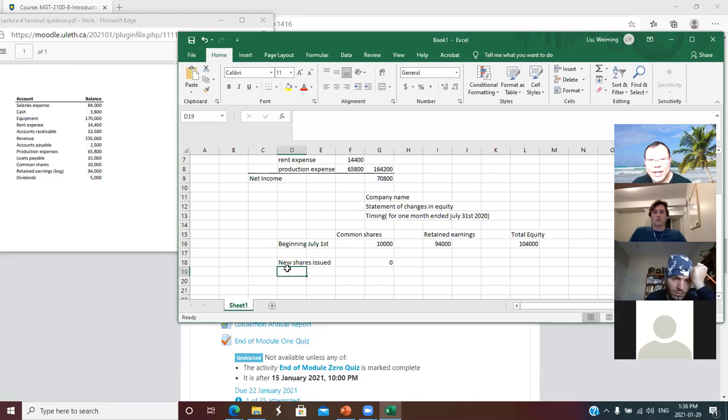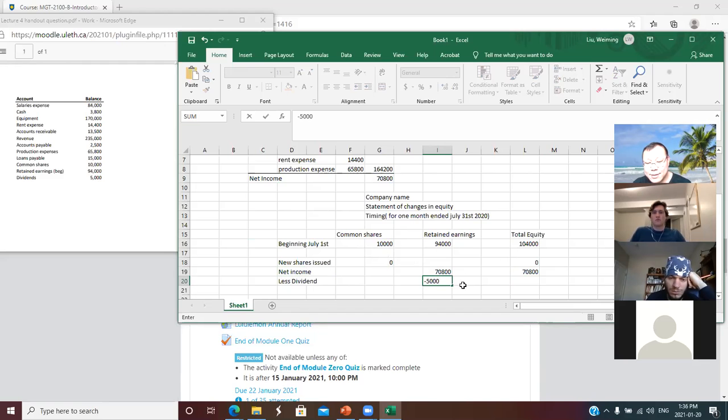Do we have any net income? Yes. That's under retained earnings. That's my net income. So here would be 0, and here would be this. Now it's the less dividend. What's the dividend? 5,000, minus 5,000.